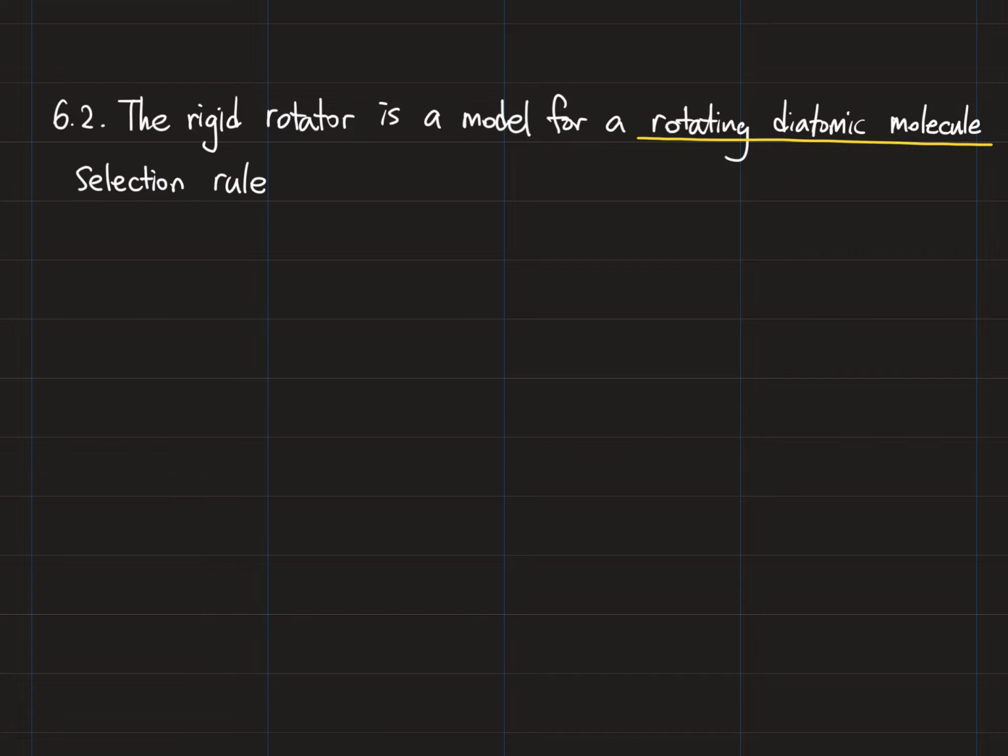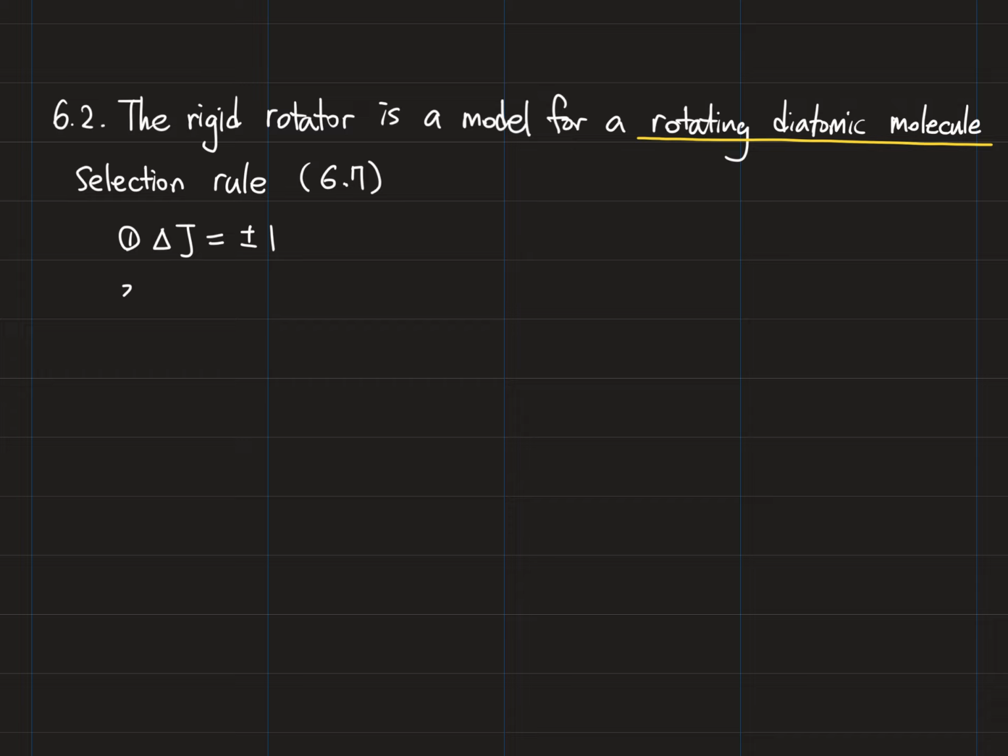First, we are going to take a look at the selection rule, because if we want to calculate the transition energy, we always have to know the selection rule for the allowed transition levels. This will be discussed in section 6.7, but let's just accept the final result. In the rigid rotator, the allowed transition is delta J plus or minus 1. And of course, the molecule must also possess a permanent dipole moment, right?